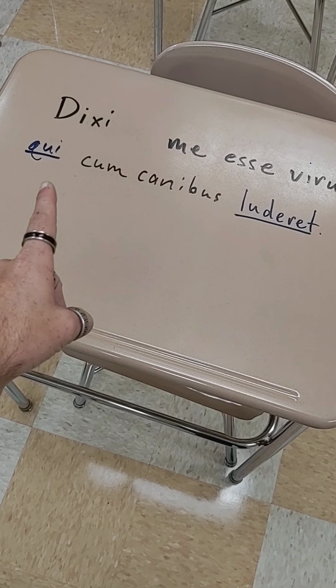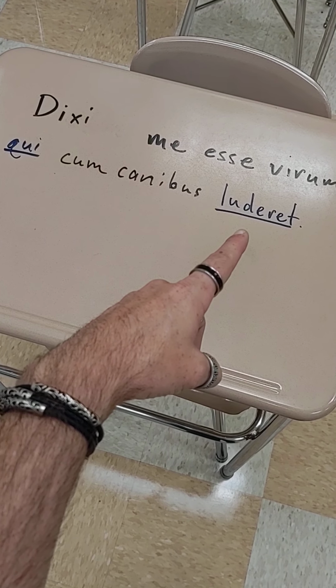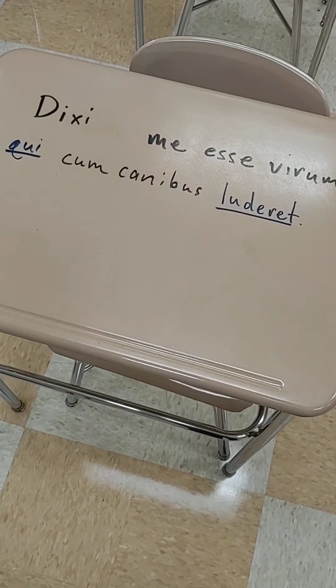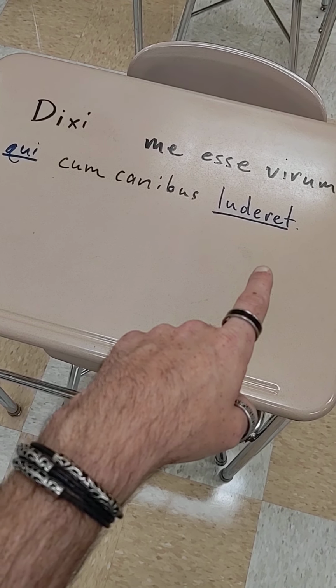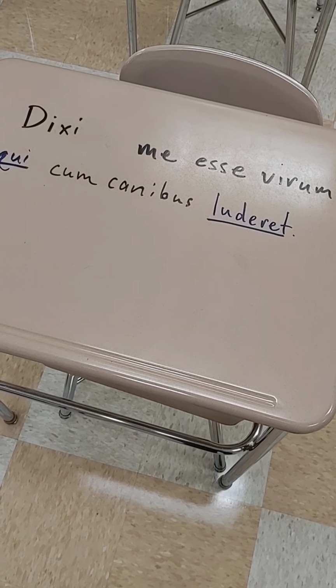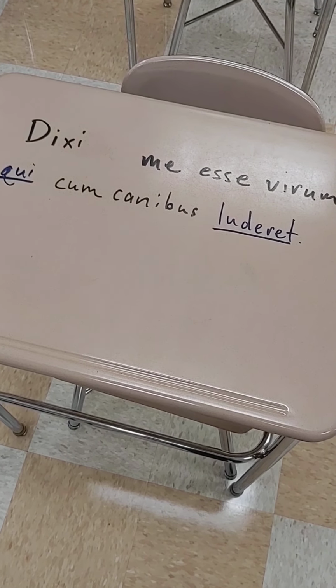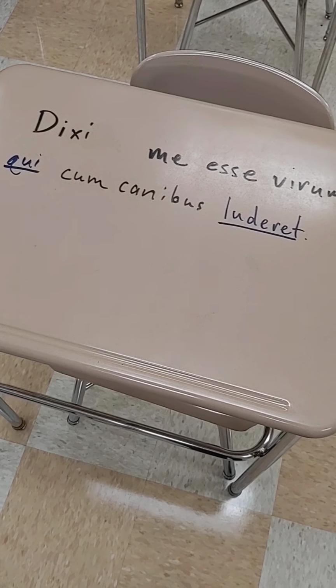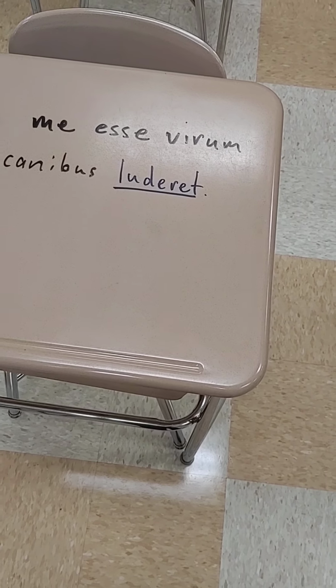So I've got my relative pronoun here to describe me, and then I've got play in the subjunctive because I am the kind of guy who would love to play with dogs, right? And here I used it in the imperfect because I put this sentence in the past, just to see a good secondary sequence example. But I don't play with dogs right now because I have cats, and so I play with my cats instead.